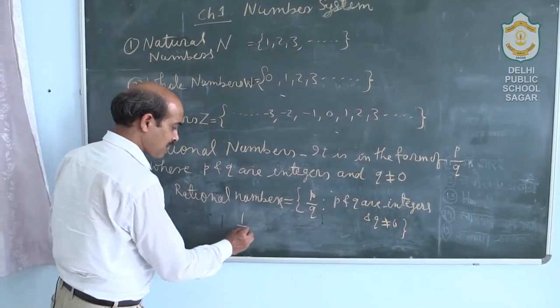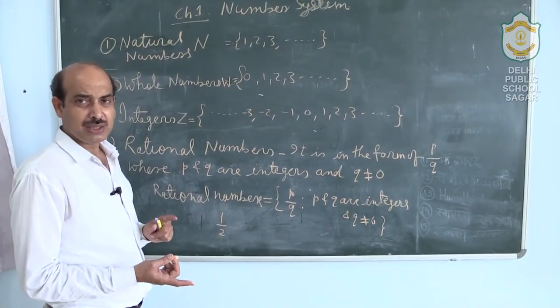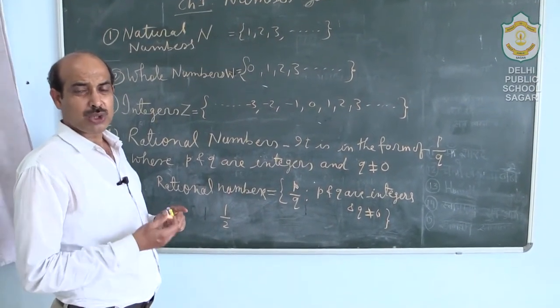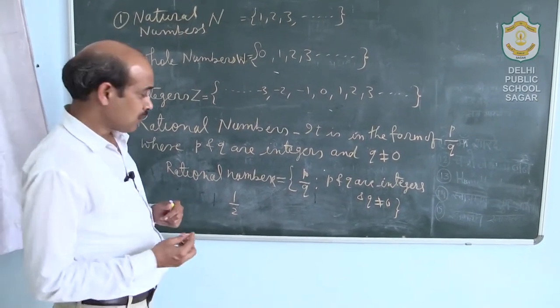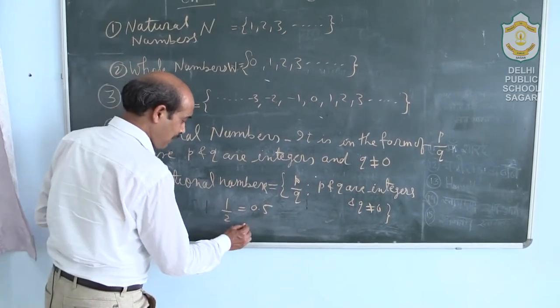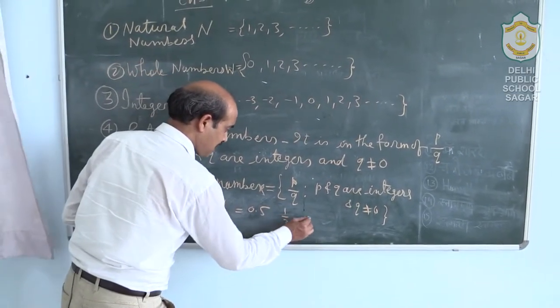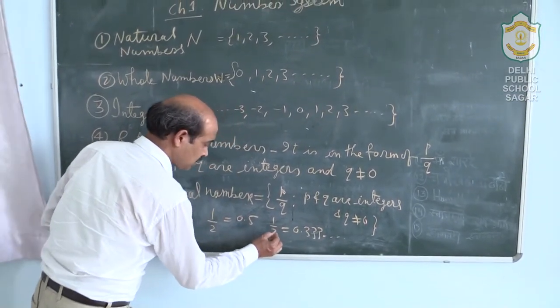If you are saying the first one is 1 by 2, then you cannot say the next one is 1 by 3. No, there are so many numbers between 1 by 2 and 1 by 3. 1 by 2 in decimal form is 0.5, 1 by 3 in decimal form is 0.333 with repeated digit.